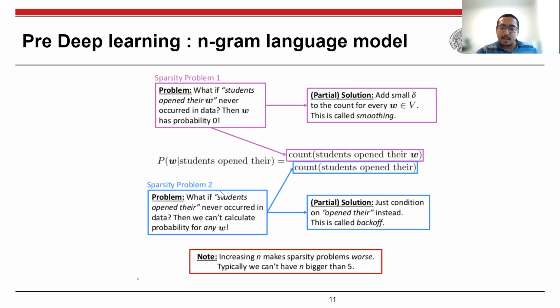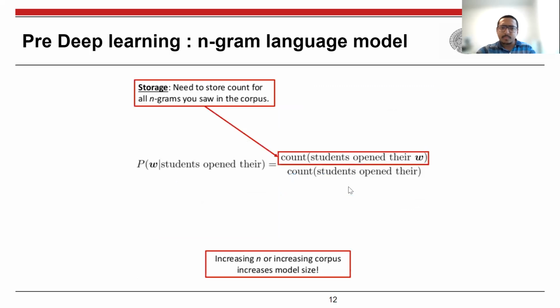That makes a storage problem apparent in your model, which also creates issues. As an example, for the sequence students open their W, for a high number of n-grams, all of these sequences need to be stored, which makes it quite a complex problem.